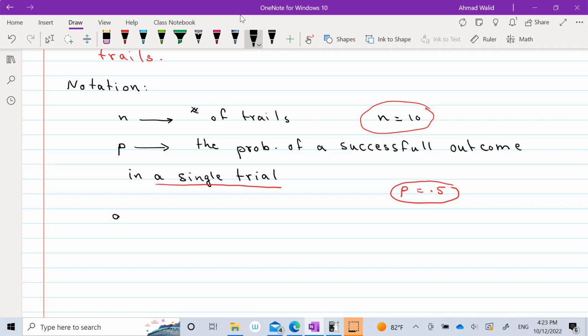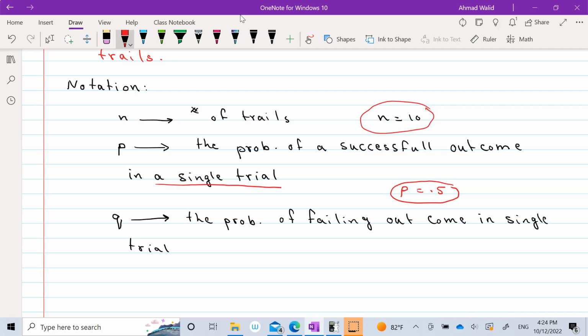Q. Of course, if p represents the probability of successful outcome, q represents the probability of failing outcome in a single try.